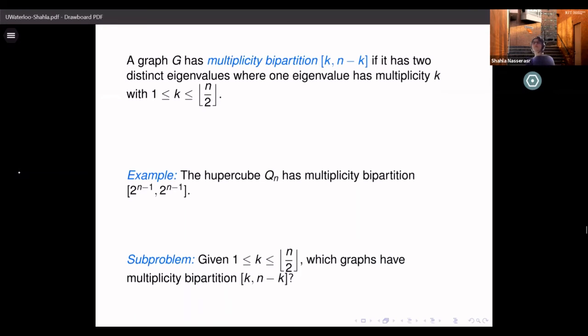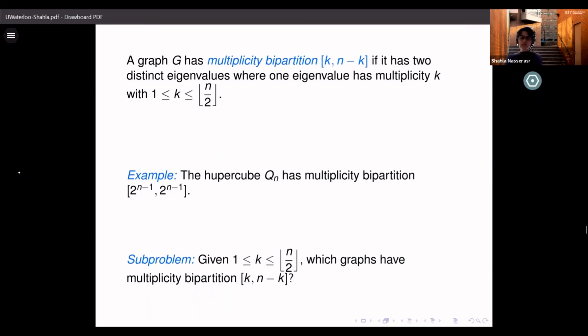So we are still looking at the graphs with q equals 2, but this time we assume that we know their multiplicities, and the question is, can we characterize them? If you look at hypercubes, that's an example of a graph that has the multiplicity bipartition of half the number of vertices and half the number of vertices. But that's just an example. So we are going to look at all possibilities here.